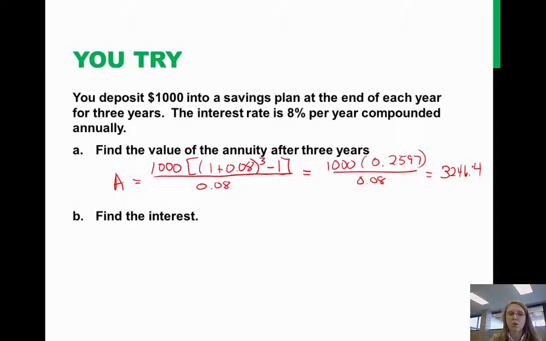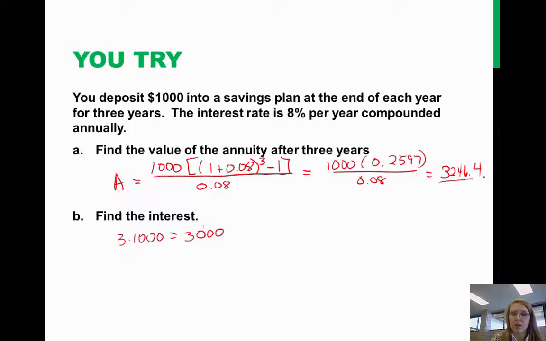To find the interest on this one, you have to think about how much money you put in. If you are depositing it once a year for 3 years, you put a total of 3 times $1,000 in it, so that would be 3,000 total. And we wanted to find out how much interest we actually got paid.